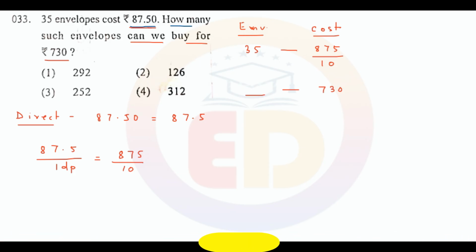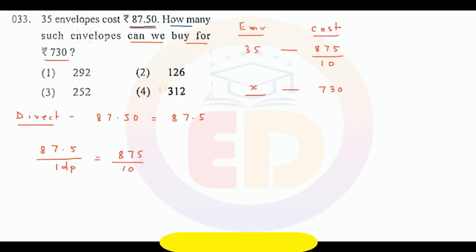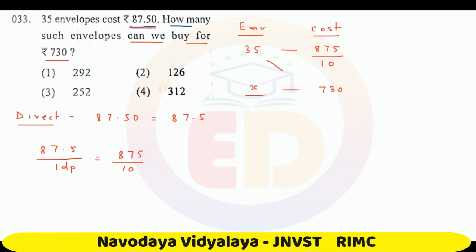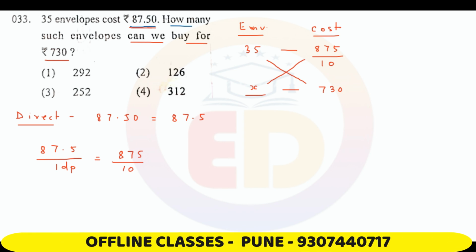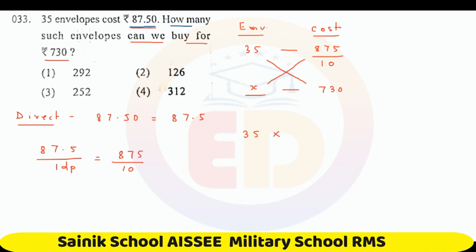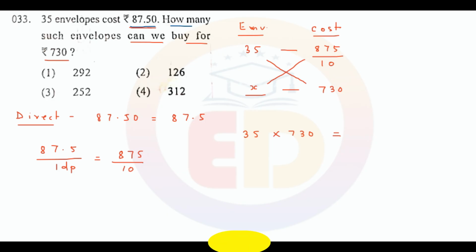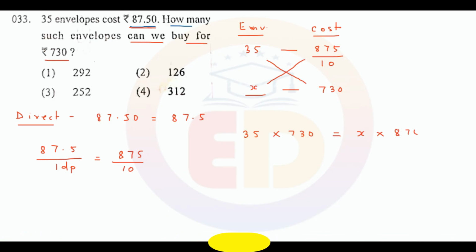So how many envelopes will we get? Let us assume we will get X envelopes. A case of direct variation, we cross multiply. When we cross multiply, we multiply 35 and 730 equals X multiplied by 875 upon 10.